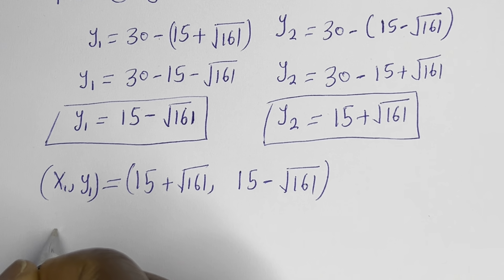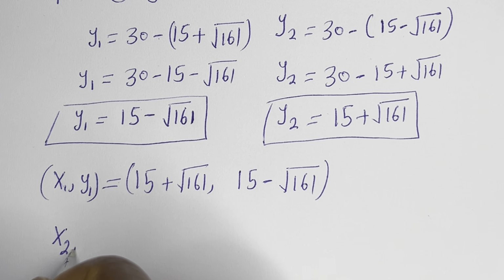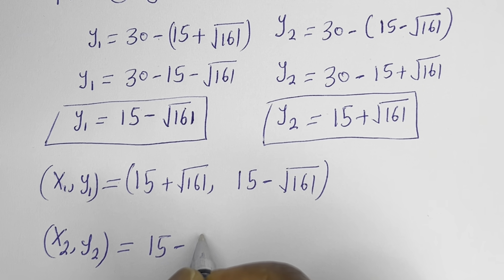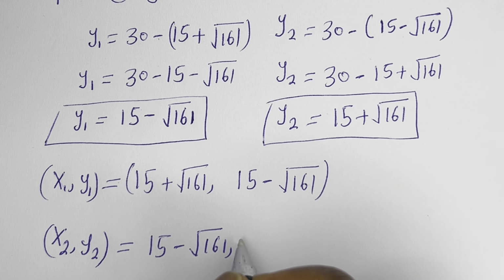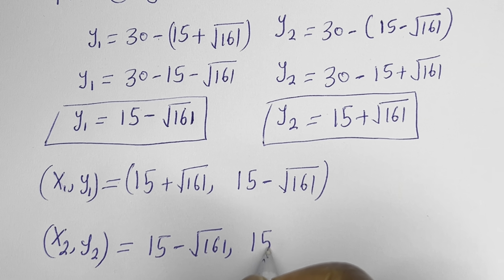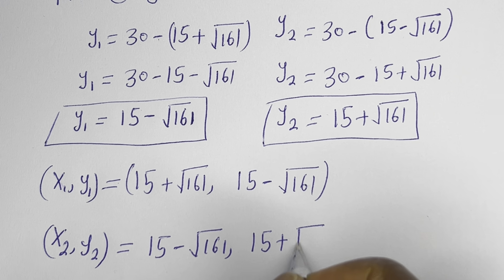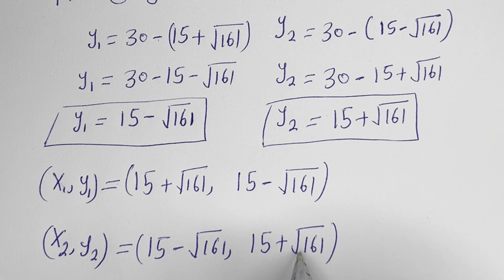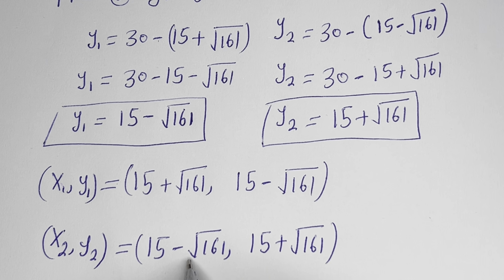Then x2, y2 is equal to 15 minus square root of 161, 15 plus square root of 161. You can see that the value of x1 here is equal to the value of y2 here, and the value of y1 here is equal to the value of x2 here. We may check to confirm if this answer is right or wrong.